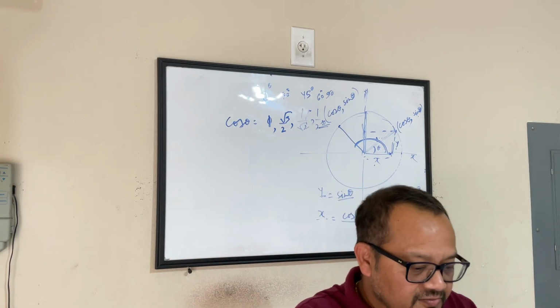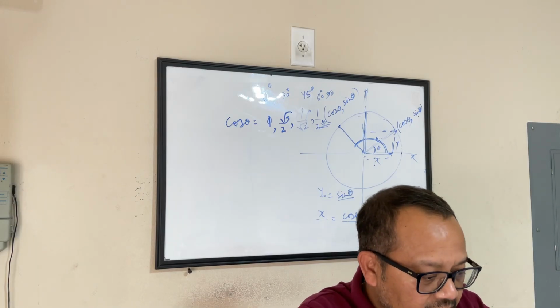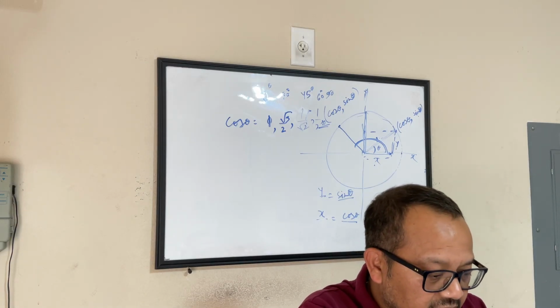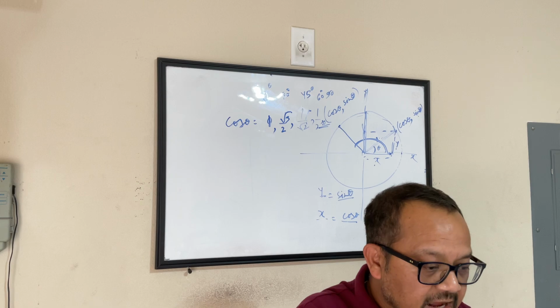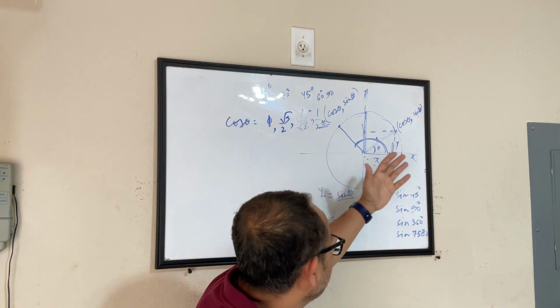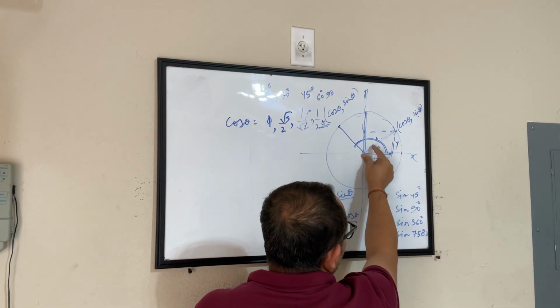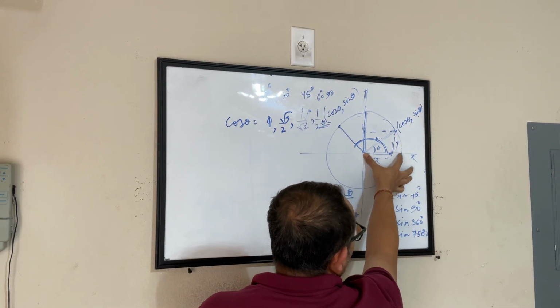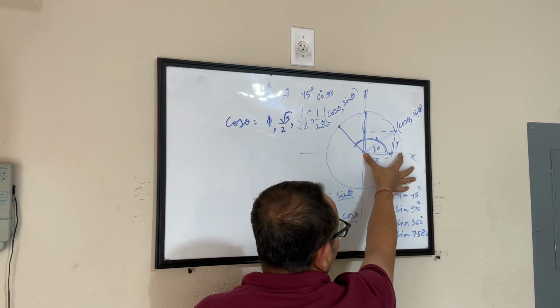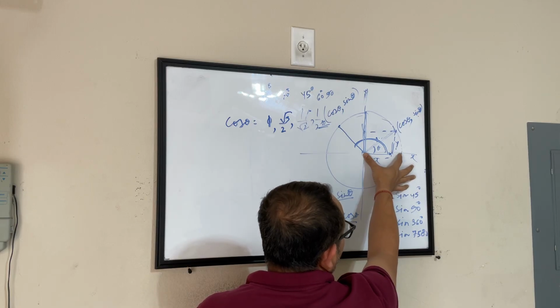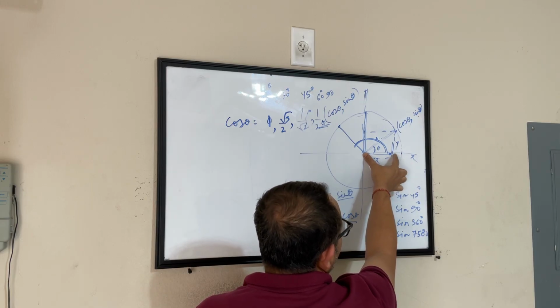Again, cos values, we'll come to that, okay? How those values are derived, that will come later. But here I'm saying, at least from a visual interpretation point of view, your x value is nothing but your cos theta. When theta is 0, this line is coinciding with this line. This is the maximum value. As theta keeps on increasing, this line keeps on shrinking.